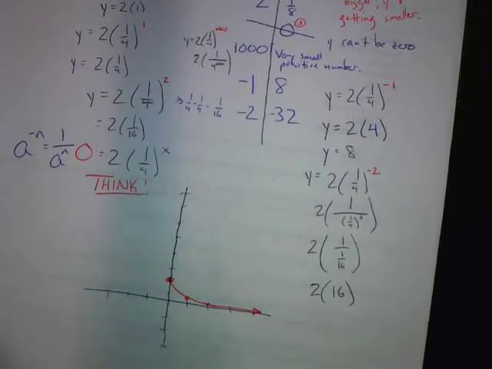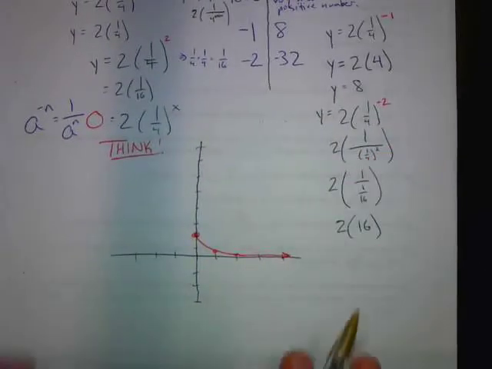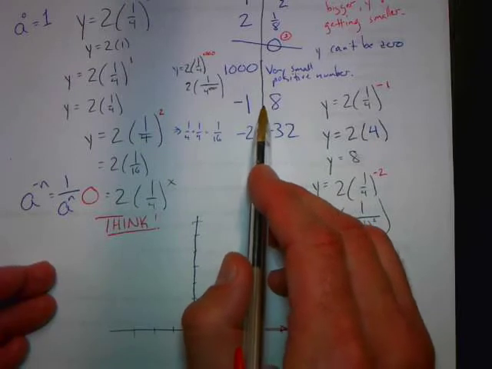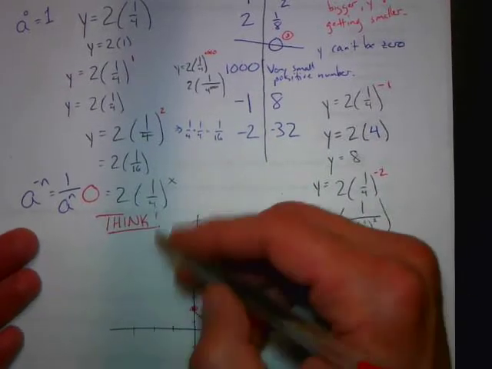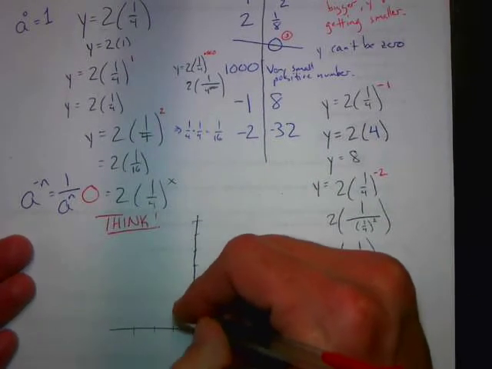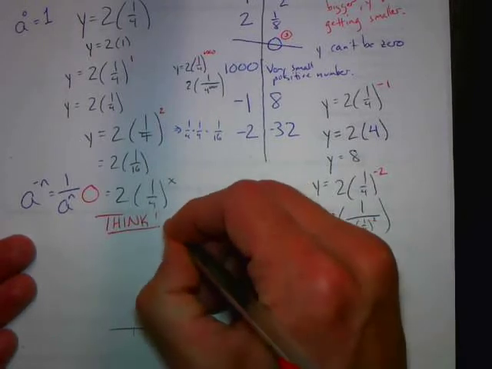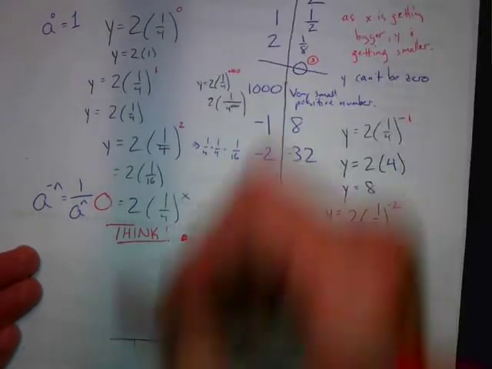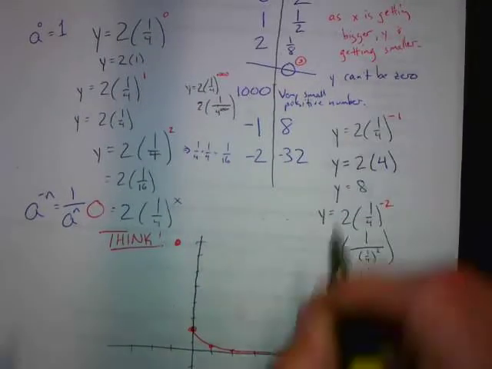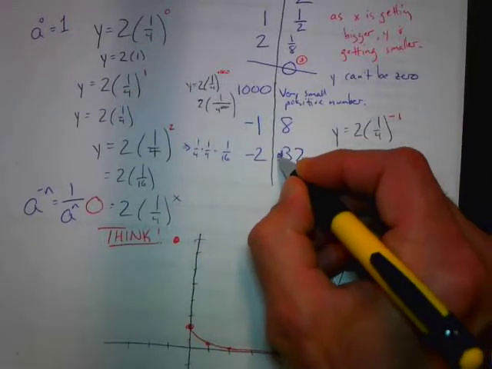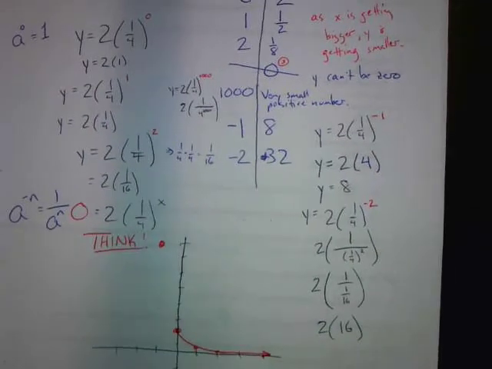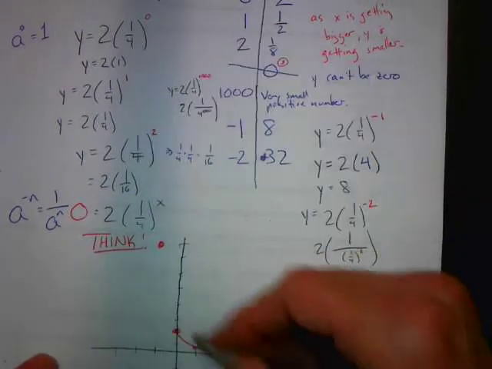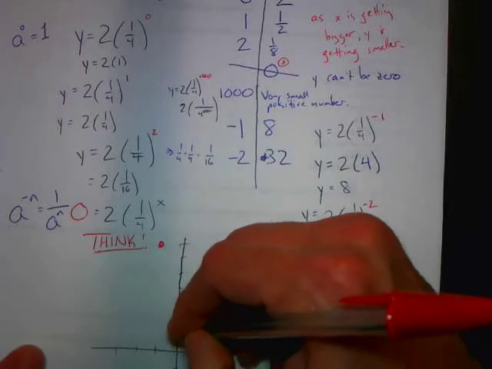So what about on the other side of 0? What's going to occur when x is -1? Well, when x is -1, we have +8. So at -1, we have 1, 2, 3, 4, 5, 6, 7, 8 way up here. And if x is -2, y is at +32. I didn't catch that before. So the graph is going like this.